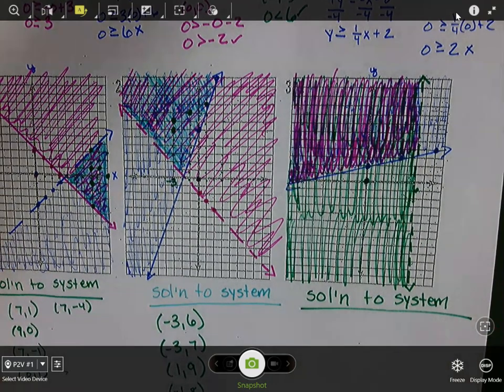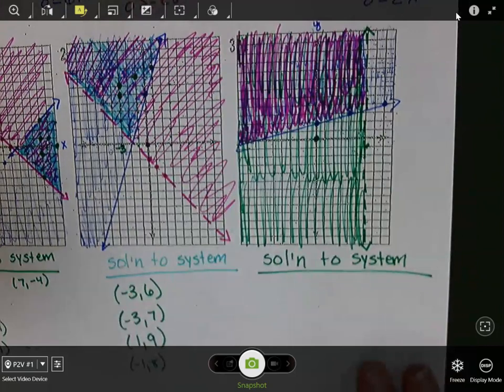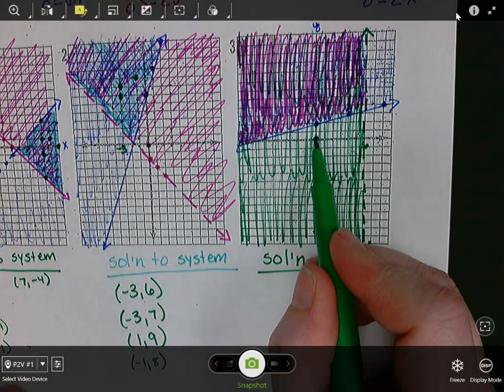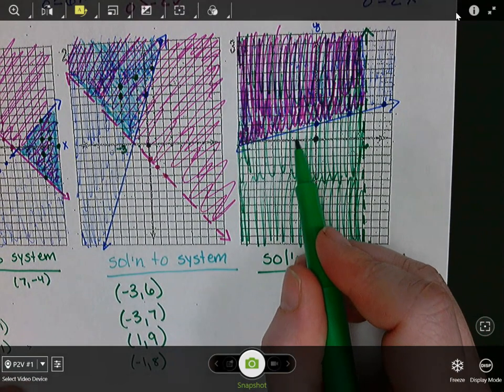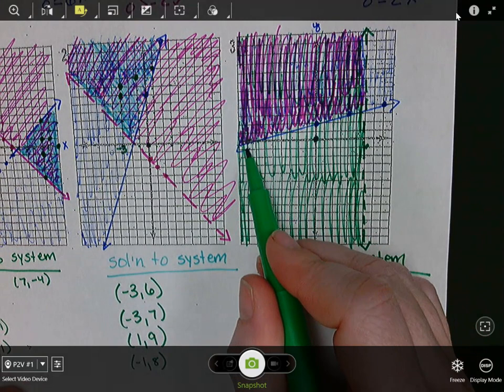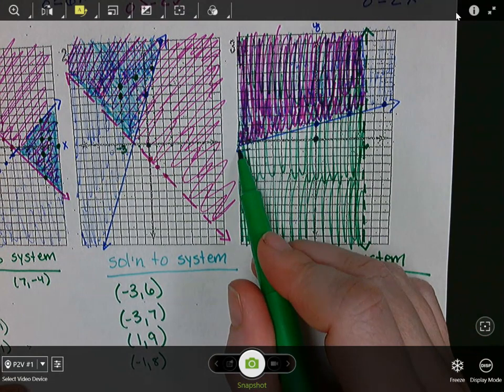All right, Cody, give me an ordered pair that's a solution to the system, please. -8, -1. Okay, so start at the origin. -8 means go to the left 8, and -1 means go down 1. I meant -9, -1.